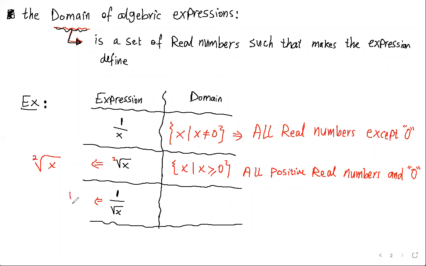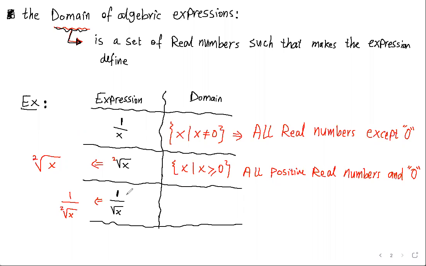This again looks like this. Who will find the domain for this one? Ask yourself, which numbers can I plug into this expression and still have the expression be defined?